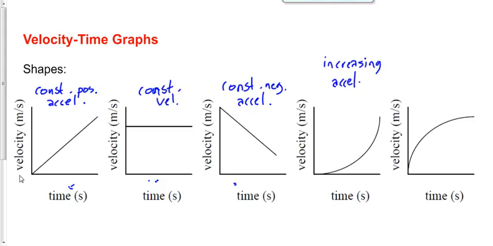So not only does your velocity increase, but the rate at which your velocity increases. Does that make sense? Your velocity is increasing in graph 1 and in graph 4, but here it's increasing at a constant rate. Here it's increasing quicker and quicker and quicker.